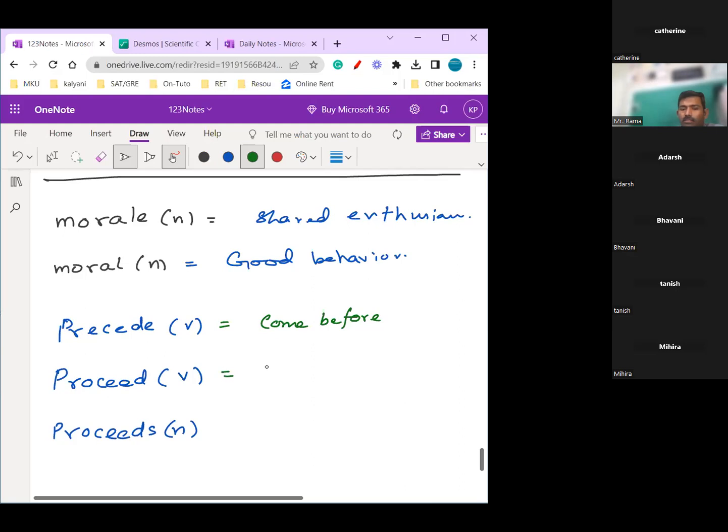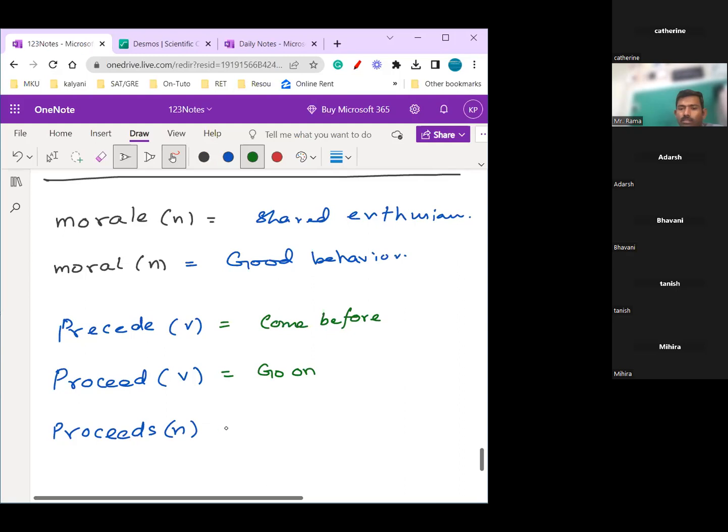Oh, my internet is unstable. Guys, if you cannot hear me clearly, please let me know. Okay. So proceed with the task. Proceed means go ahead, go on. That means proceed with the task.